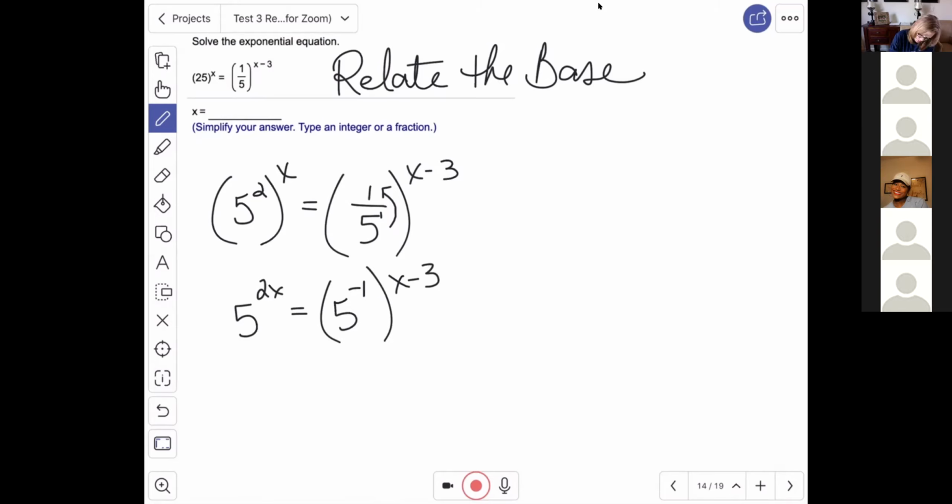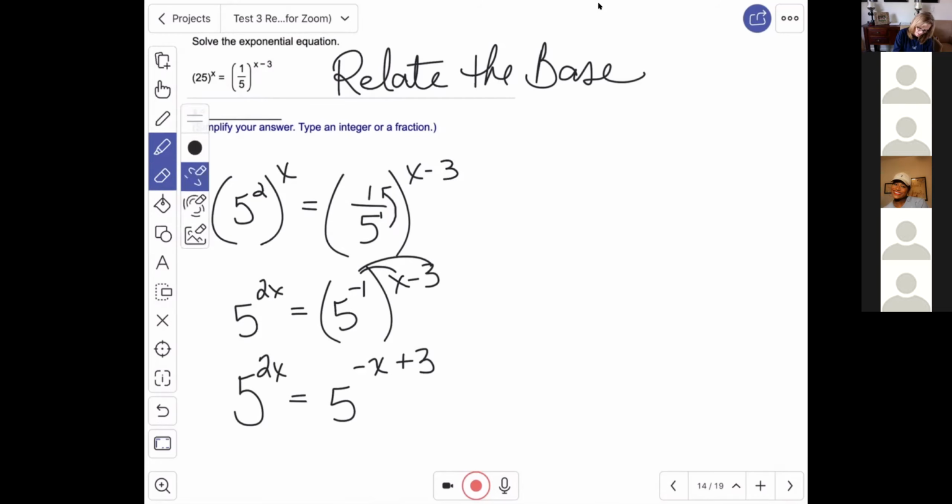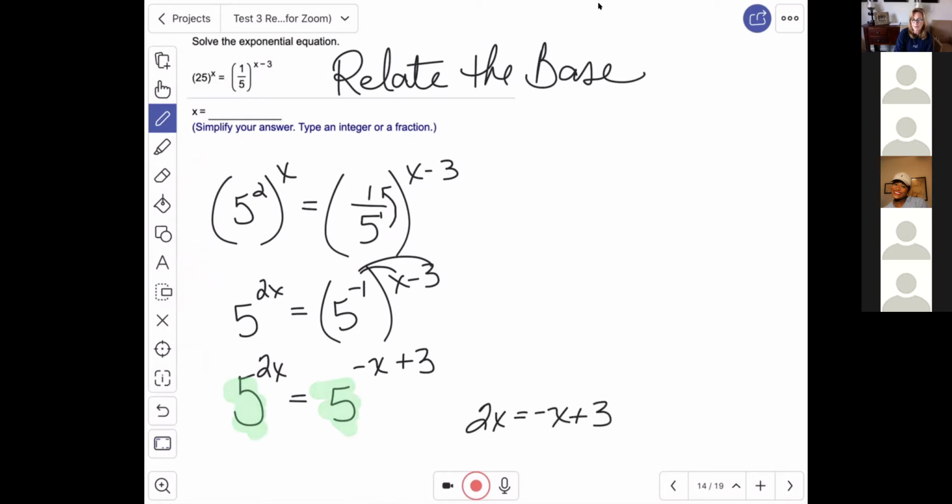So now let's rewrite it. When you have a power to a power, you have to multiply that through. So that would be 5 to the 2x. That would be -1 times x, and -1 times -3 is +3. There. So your goal is to get it written in this form where your bases right here are the same. So since 5 equals 5, we can assume 2x equals, and then you just solve a basic little equation.